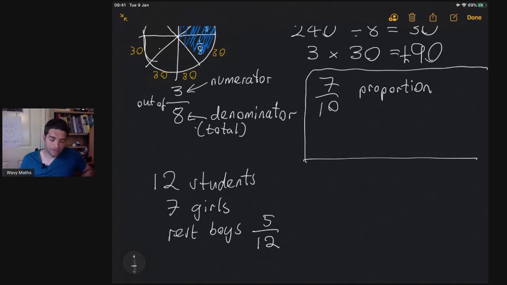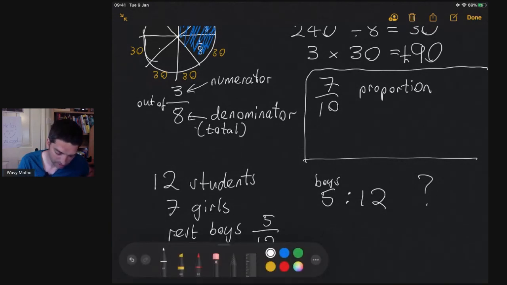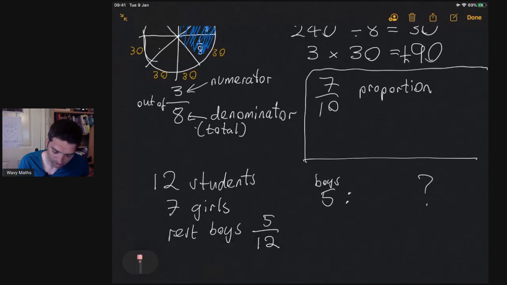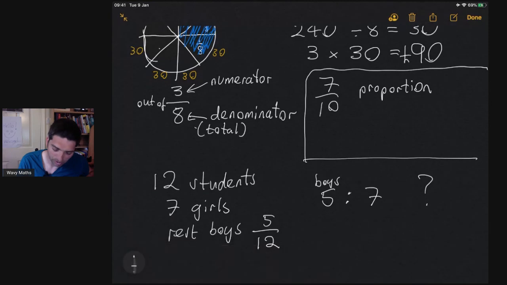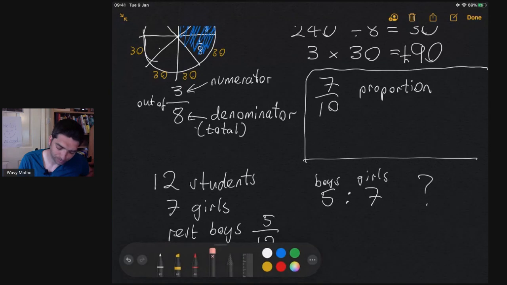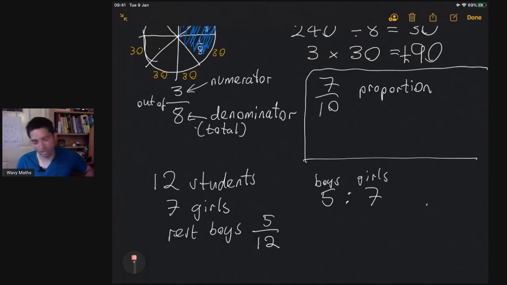Now, if we were going to write it as a ratio, would it be 5 to 12? Is that right? No. So ratio and fraction are two different things, but they're connected, they're related to each other. A ratio doesn't have the total. A ratio has both parts. So we would also write the girls there, and it adds up to 12. So that's the difference between a fraction and a ratio.